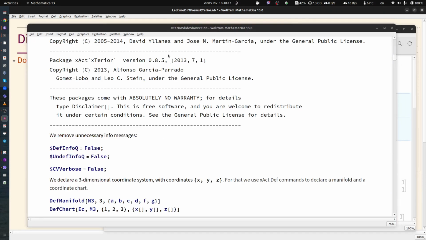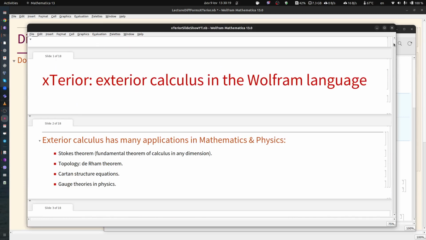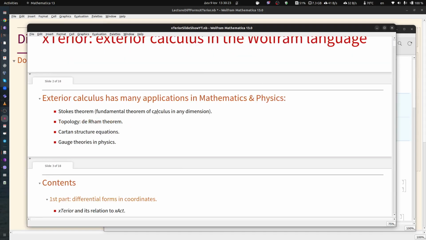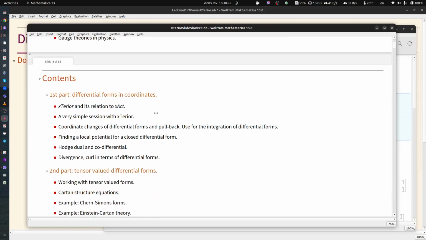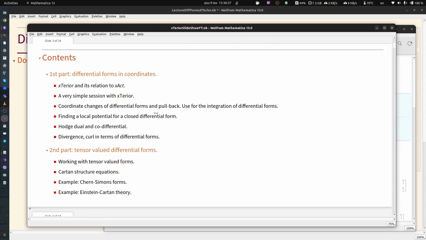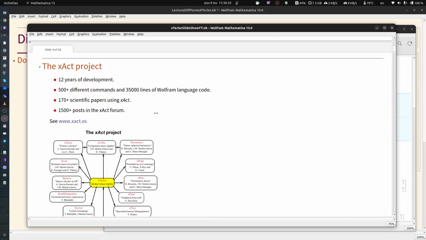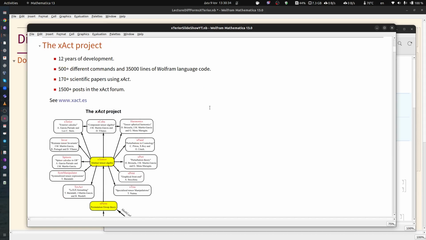A more pedagogical introduction is to look at those slides here and learn more about also the full xAct project and how xTerior is part of it, and examples of sessions like the ones that we will show today, but also even more advanced ones.